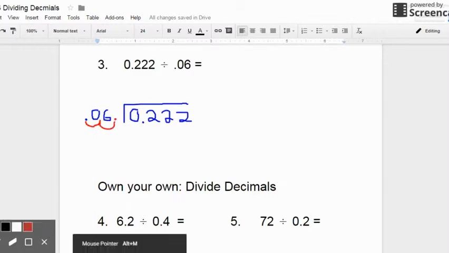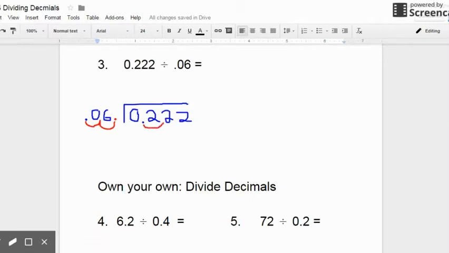Since we moved it over twice in our divisor, or our outside number, we have to do the same thing to the dividend, or the inside number. We move it over once, move it over twice. Go ahead and place your decimal point. Now instead of erasing, I'm just simply going to rewrite the problem to clean it up. And the outside number, well, the decimal point's here.